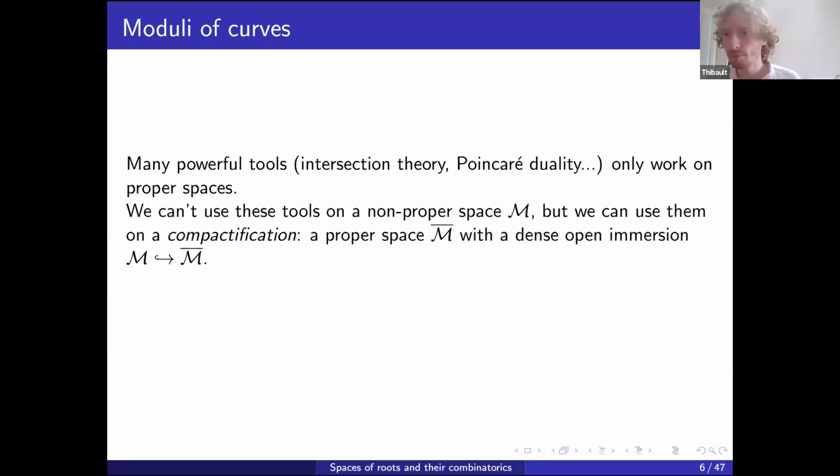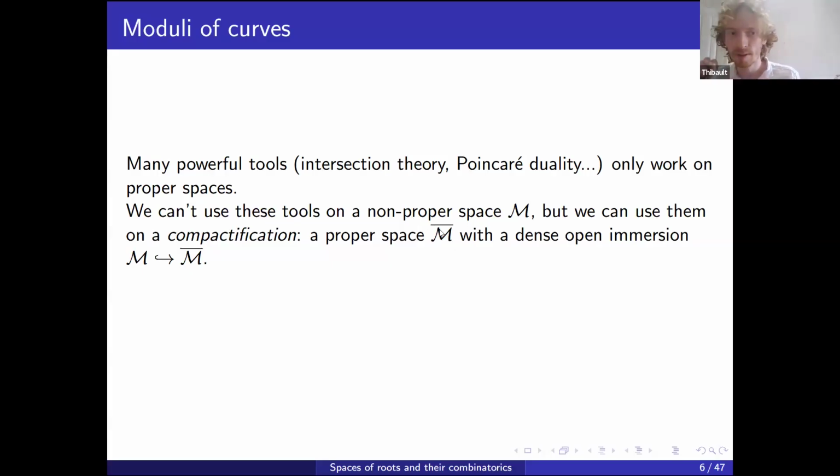One way to save the usefulness of these tools and still use them is to embed a non-proper space into a proper one, use all the compact tools on the proper one, and then try to deduce things about the subspace. So if you have a space M which is not proper, you have to try to find a compactification M bar of it.